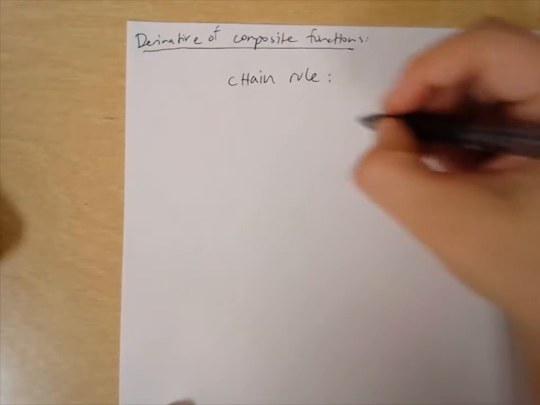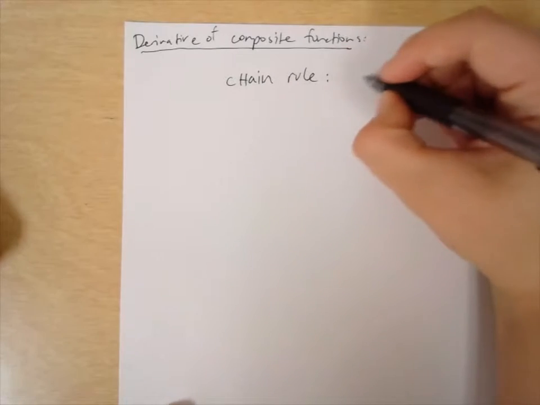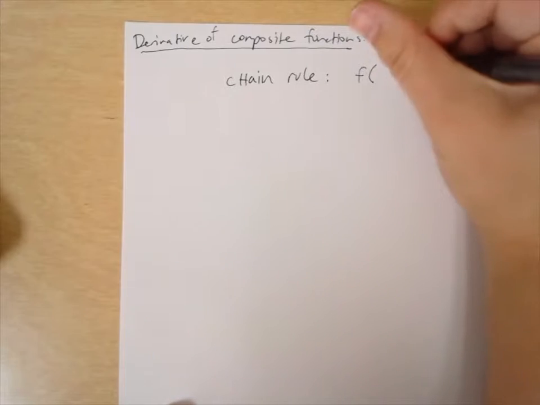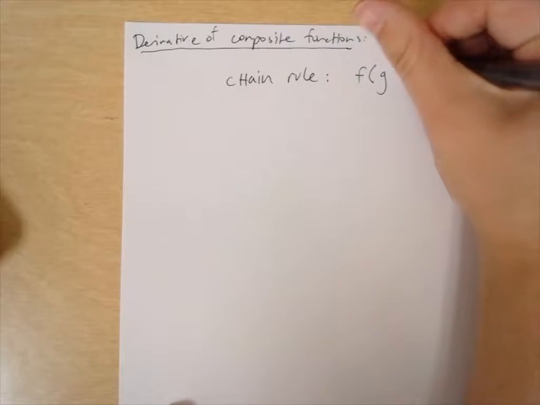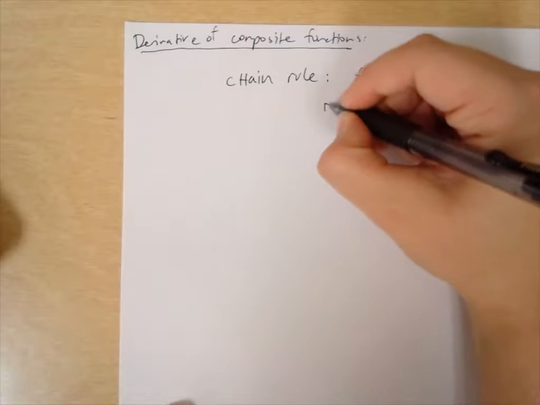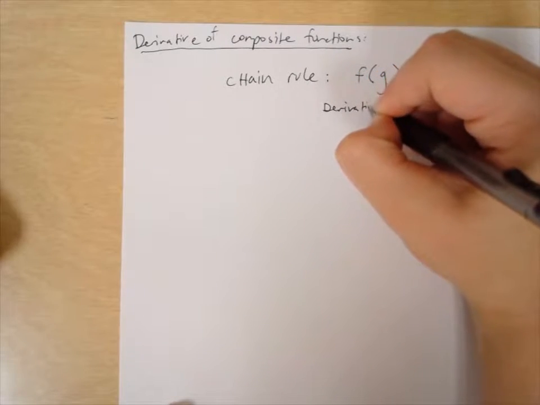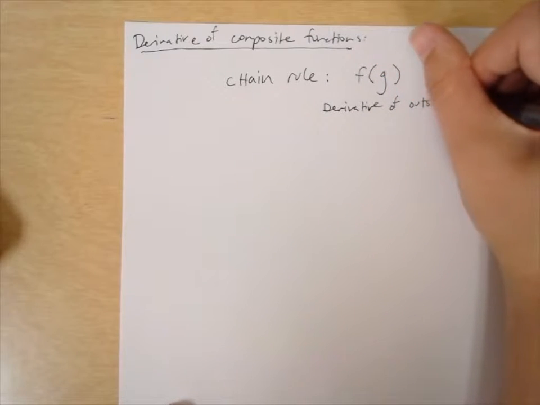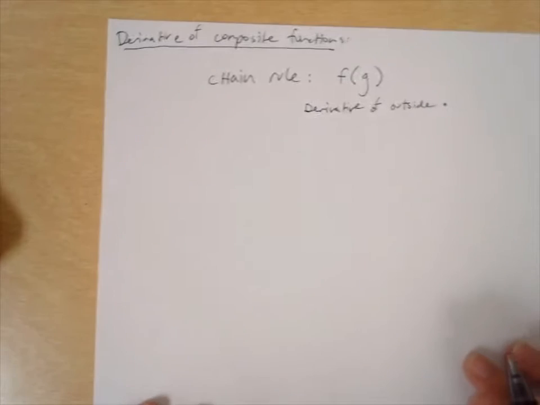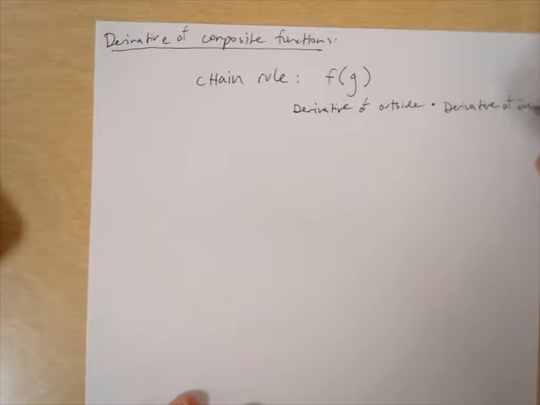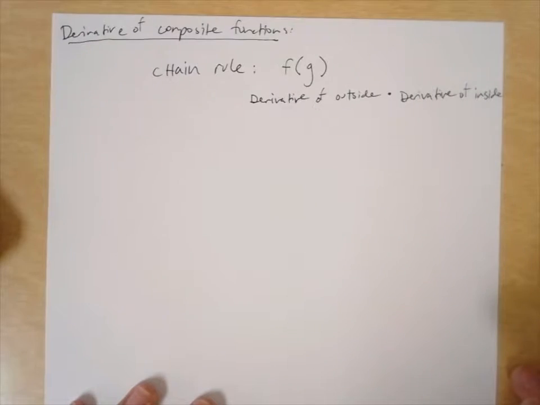The chain rule says that for any composite function, for any f of g, you take the derivative of the outside and you multiply it by the derivative of the inside.